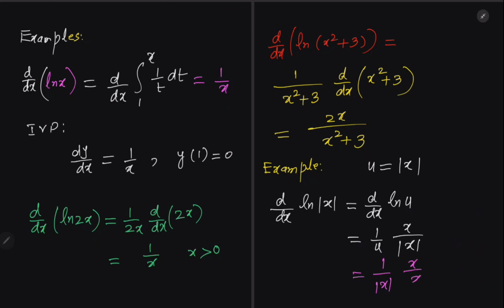So we have x over the absolute value of x over here. This becomes x over x square, since the absolute value of x is defined as the square root of x square. When you multiply these together, you get x square. So that's the value of x square over here. And from here, we can say that it is 1 over x. So the derivative of natural log of the absolute value of x is 1 over x.